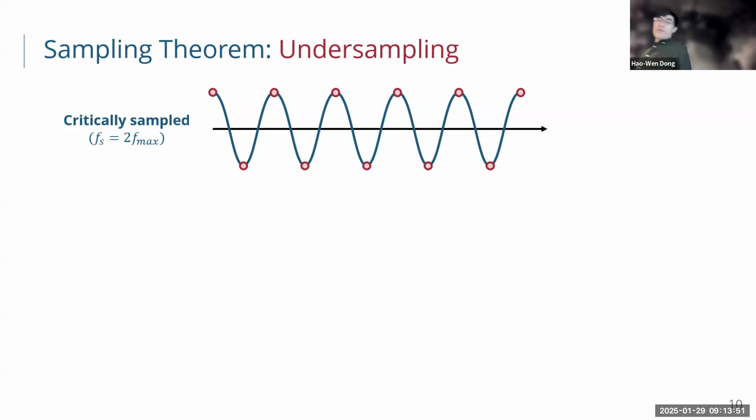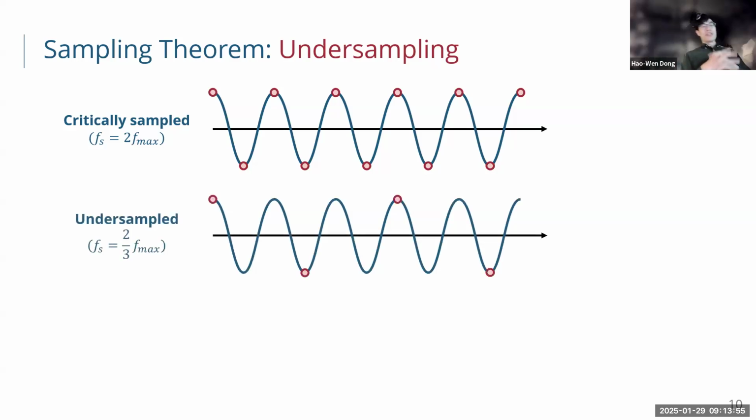But on the other hand, if you don't do 2 f max, you'll run into this issue. Say if you do a much lower sampling rate, like this, then there's no way that, given only the red one, you can guess what the original signal will be.